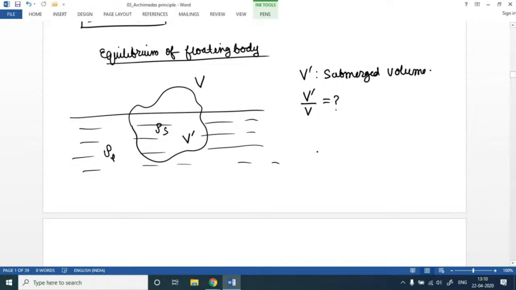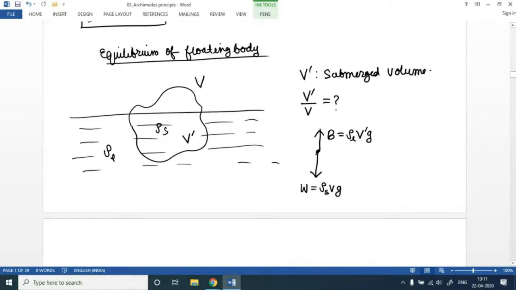The floating body will be experiencing its weight, which will be equal to rho S into V into g, and it will be experiencing buoyancy, which will be equal to the weight of displaced liquid, that is rho L. You must realize the volume of displaced liquid will be only V dash, the volume of the submerged part, so rho L V dash into g.